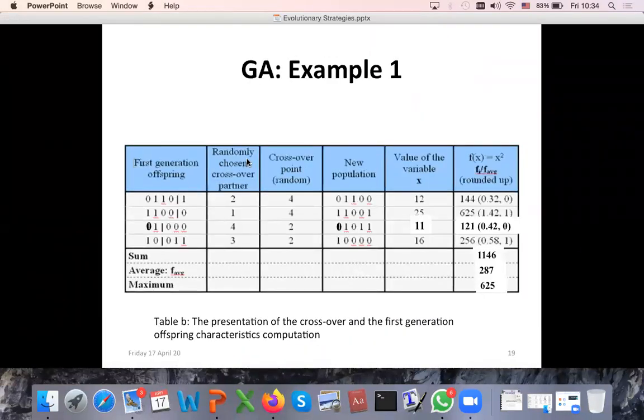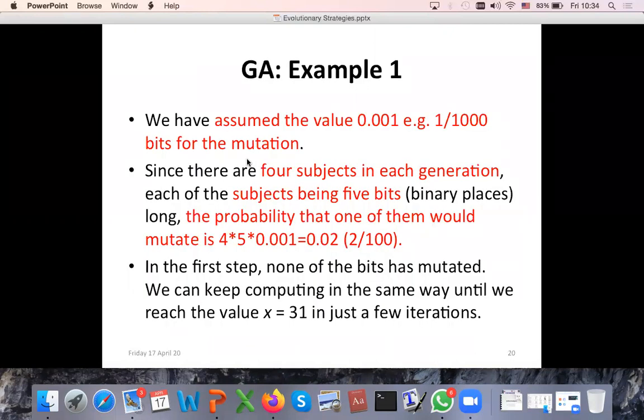So now we are going to understand this probability concept, which is involved for the mutation operation, and you can apply the same concept for the inversion operation also. So we are assuming that the probability value is 0.001. So just assume it.